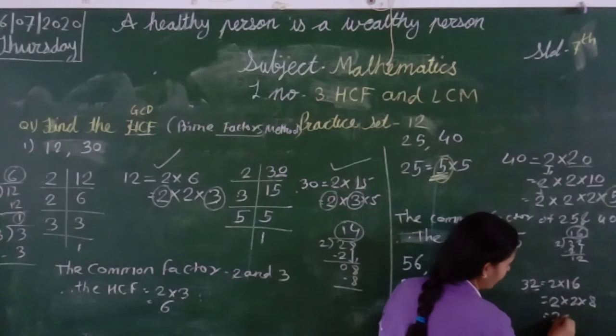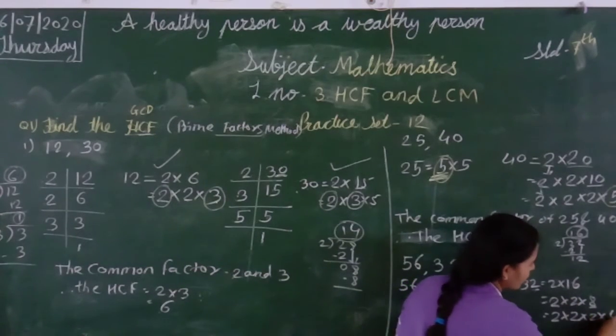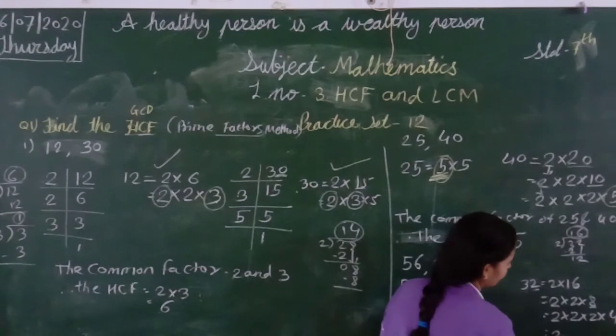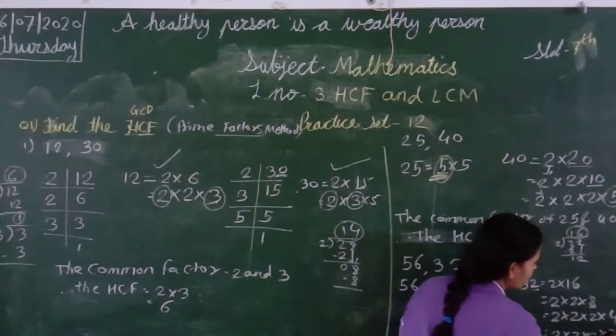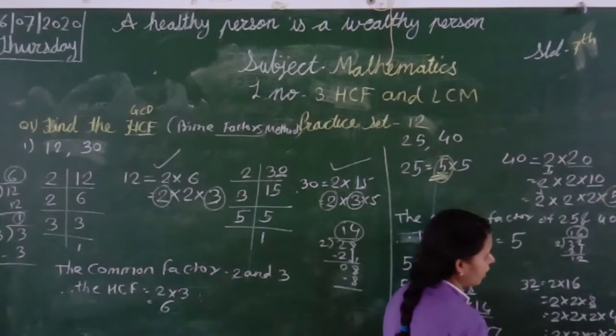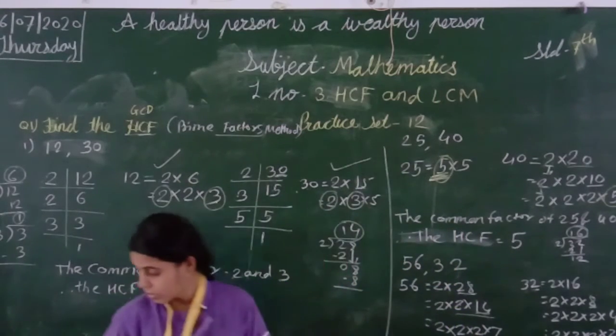This 2 into 8, 2 4s are 8. 4 means 2 2s are 4. Okay, 2 is a prime factor, so it will not come.